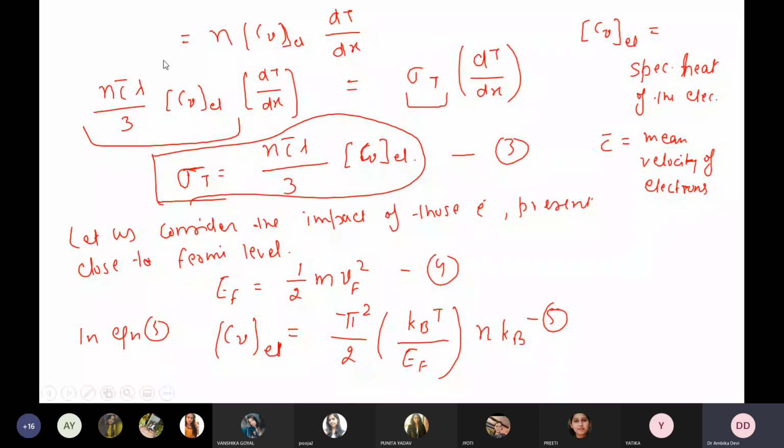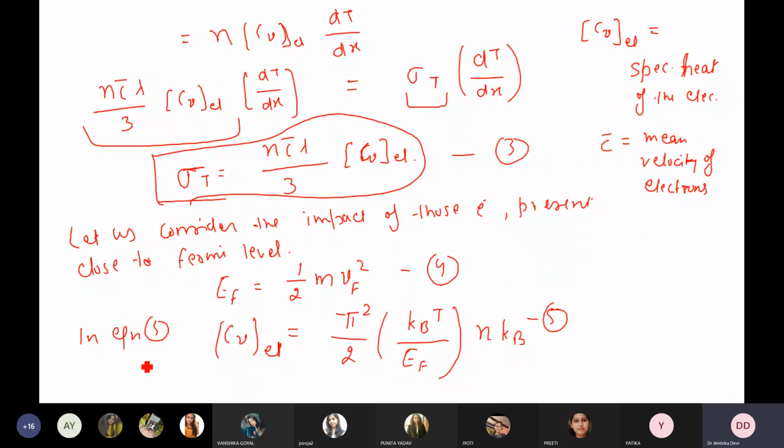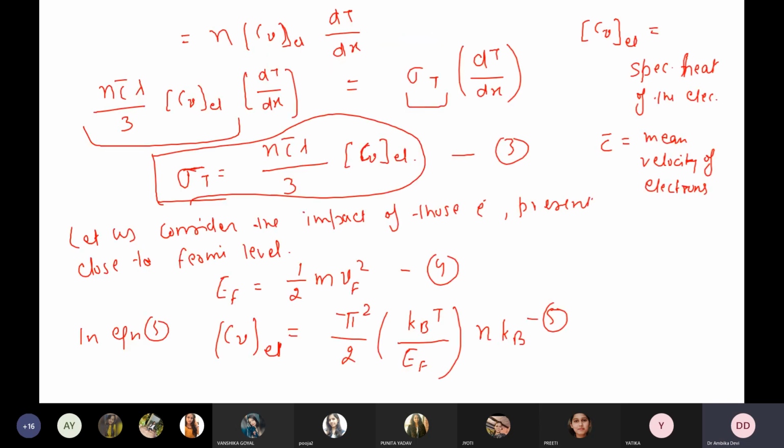If we substitute the specific heat of the electrons from equation number 5 into equation number 3, the thermal conductivity of electrons will be modified to sigma T is equal to 1 by 3 into Cv, whose value is pi square by 2 kB T by EF times kB N.